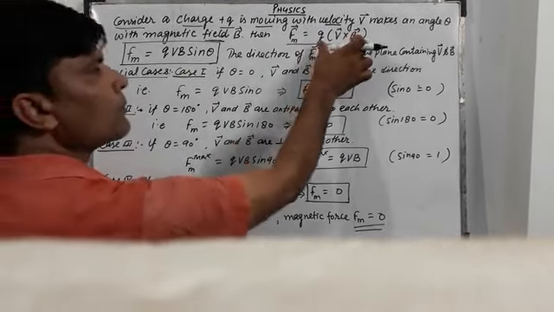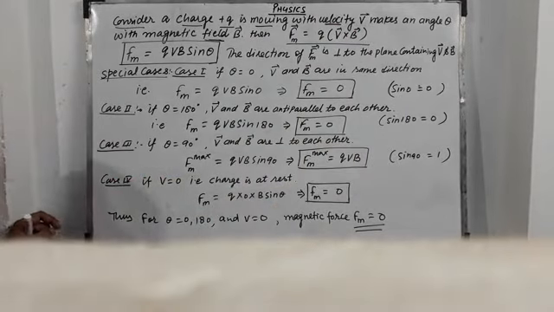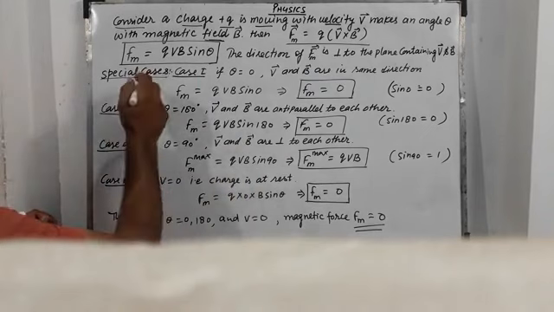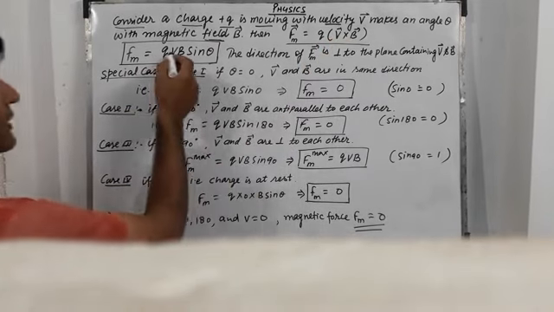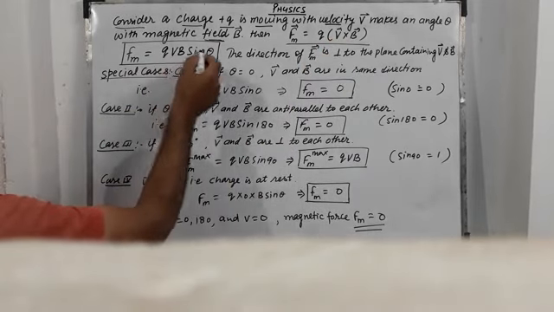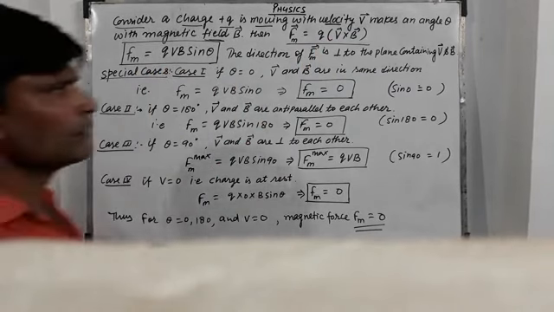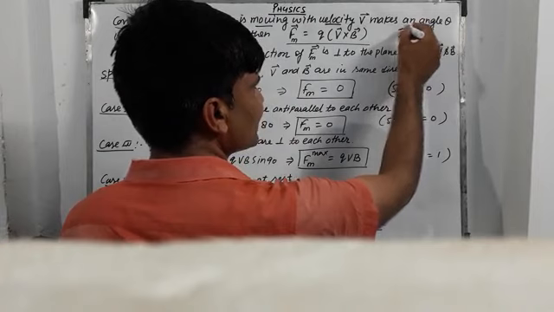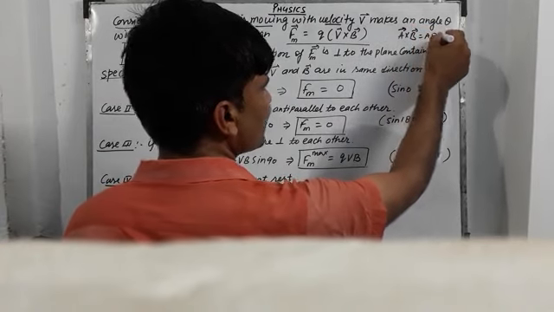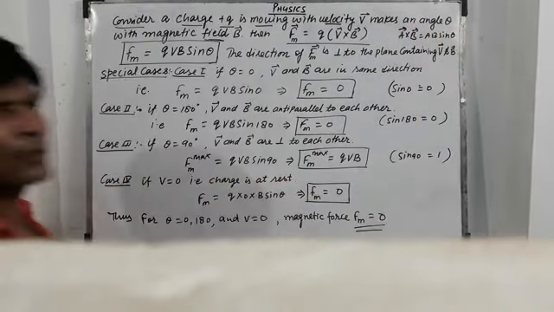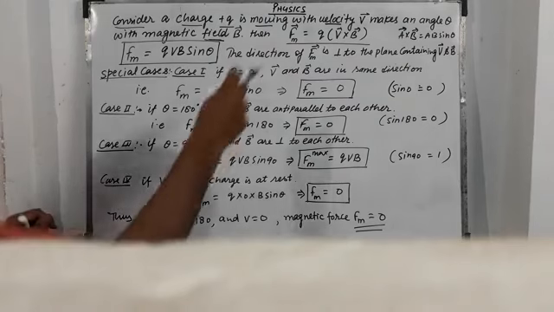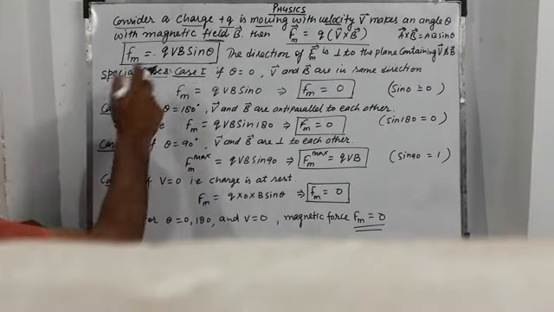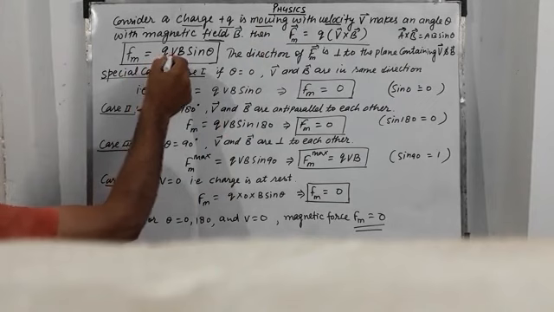Most of the students know about the cross product. In cross product, v cross B is written as vB sin theta. Just remember that a cross b is equal to ab sin theta. So the magnetic force Fm is equal to qvB sin theta.